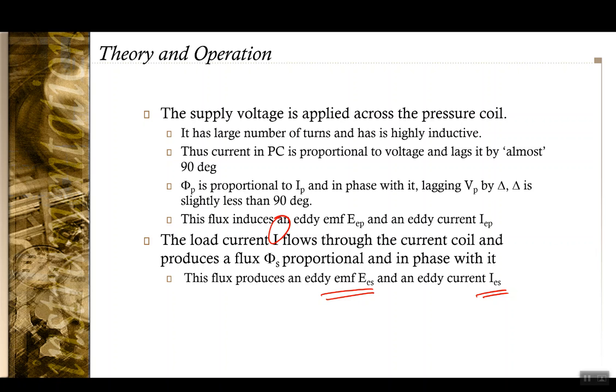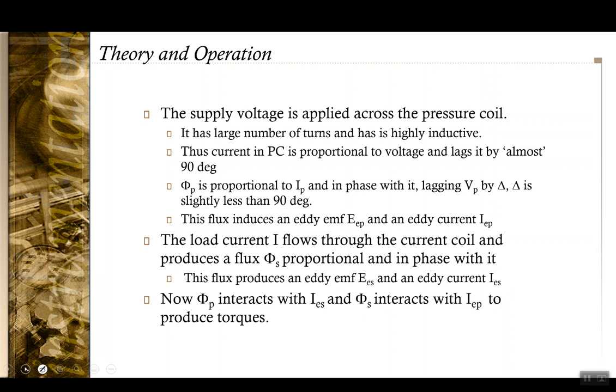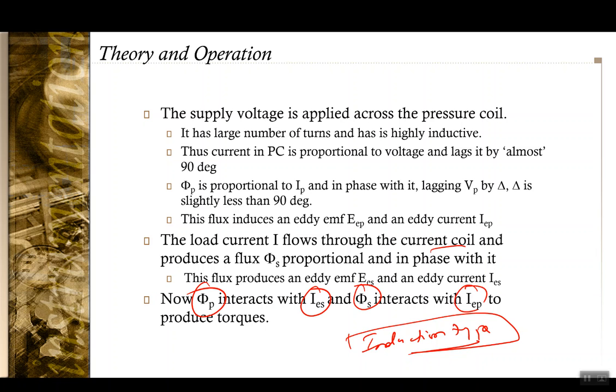Let's look at a phasor diagram to understand this better in the next slide. As we have seen in the case of the induction type instrument, phi p will interact with the eddy current produced by the current coil, and phi s will interact with the eddy current produced by the pressure coil, and they will produce torques, and the effective torque is a resultant of these two torques.